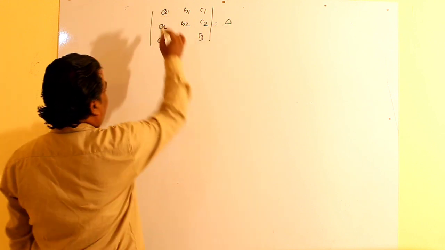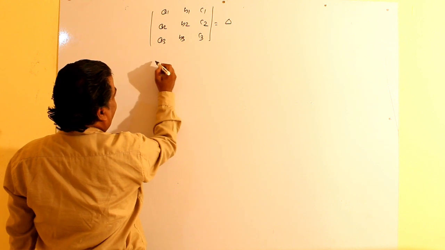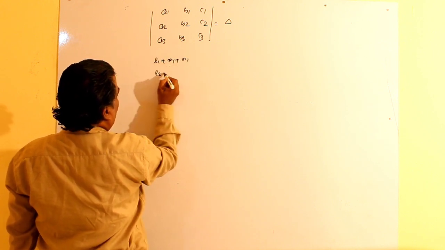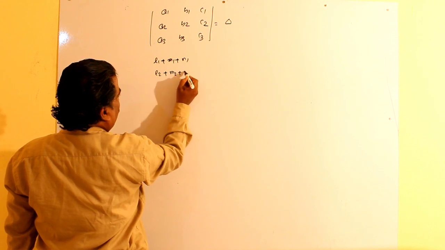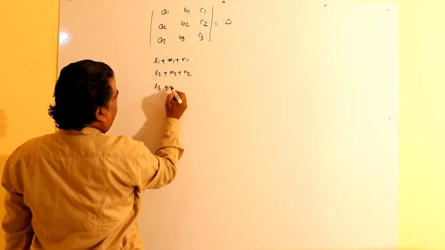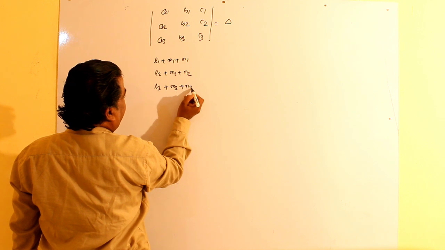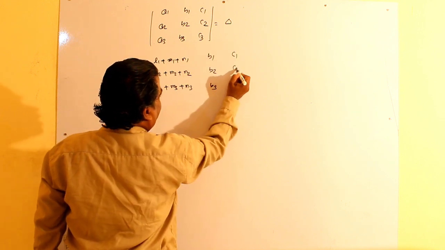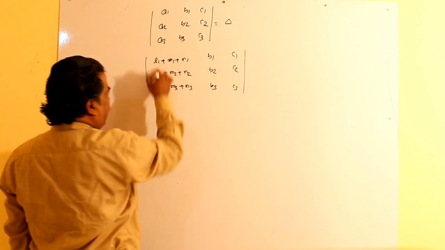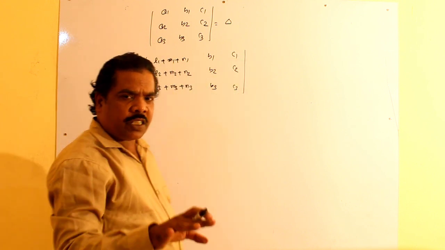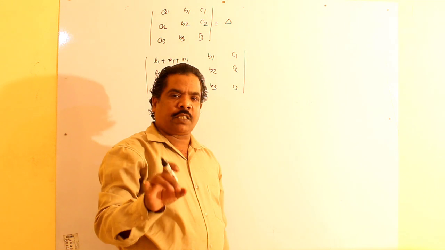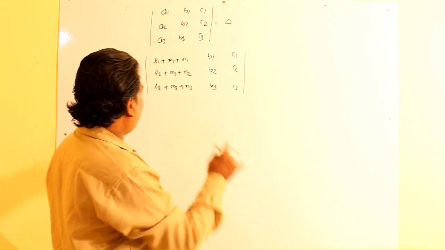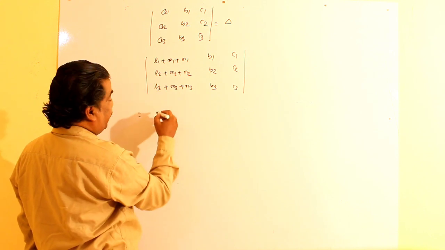And this A1 is written as L1 plus M1 plus N1, L2 plus M2 plus N2, and L3 plus M3 plus N3, with B1, B2, B3, C1, C2, C3. Now all the elements of column 1 consist of the sum of three terms. Now the determinant is an expansion of three determinants.